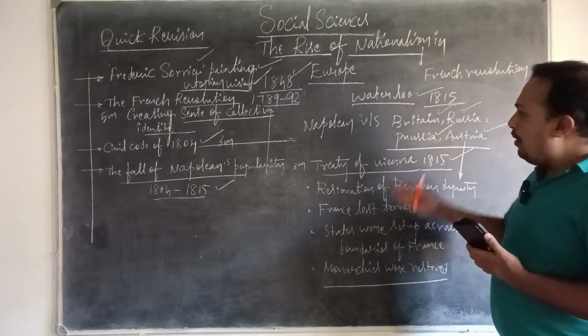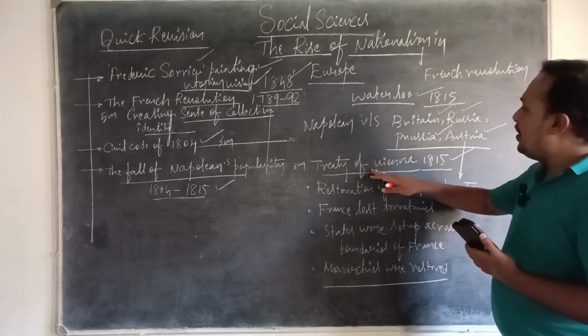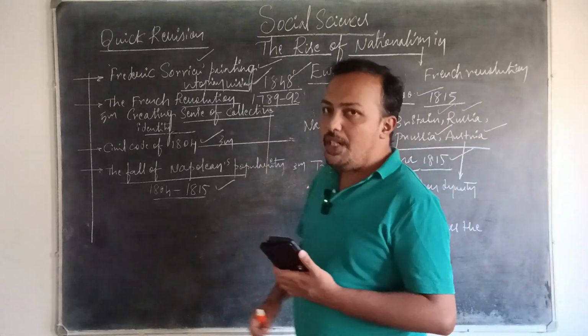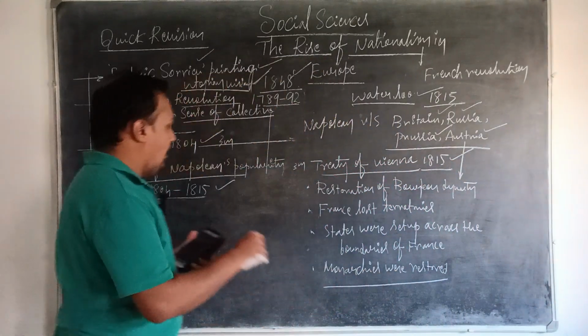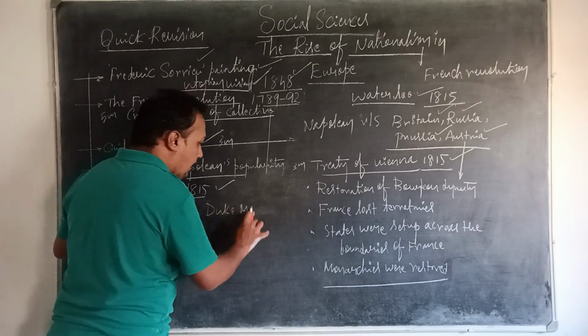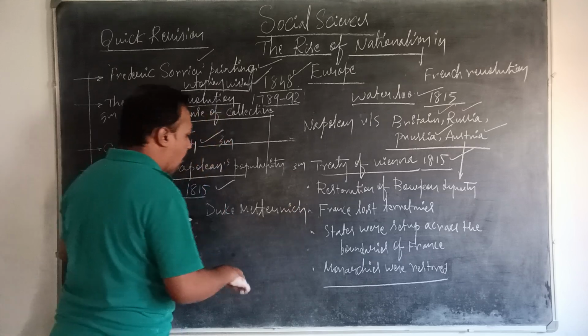So these are the key points we need to recall for the 5 marks or 3 marks question on the Treaty of Vienna. Who hosted the Treaty of Vienna? It was Duke Metternich. Very important. Where did he host it?